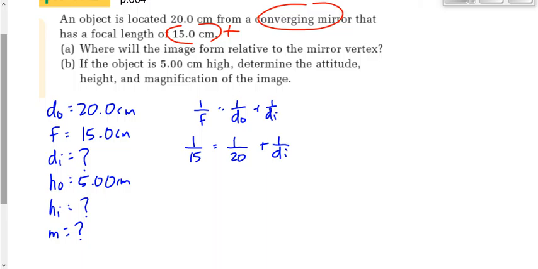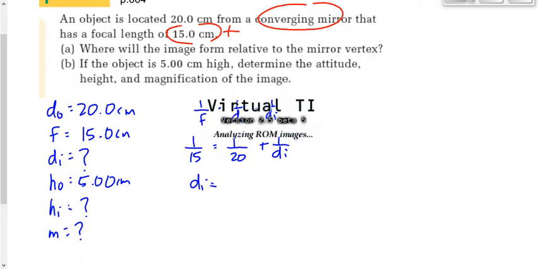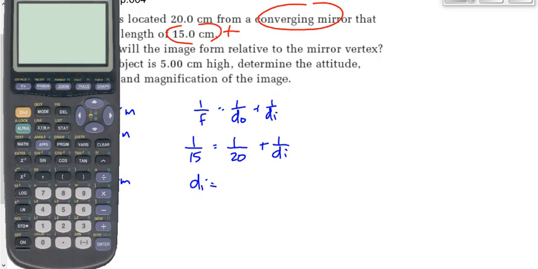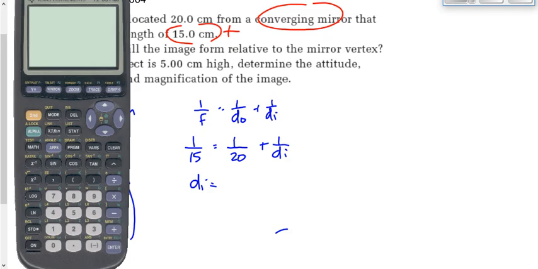I'm going to show you a little trick on your calculator to do this really quickly and efficiently. Everybody take out your calculator now, please. In order to find DI here, we need to take 1 over 20 over to the other side by subtracting, right?